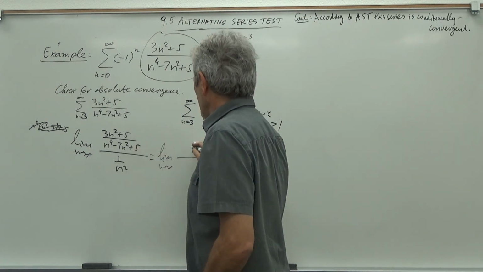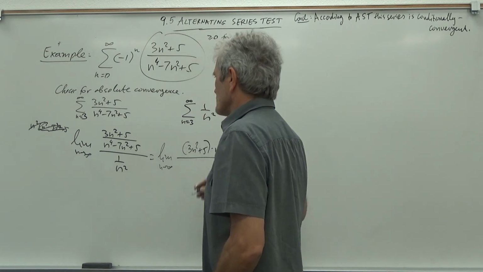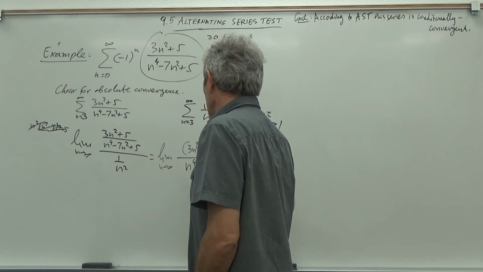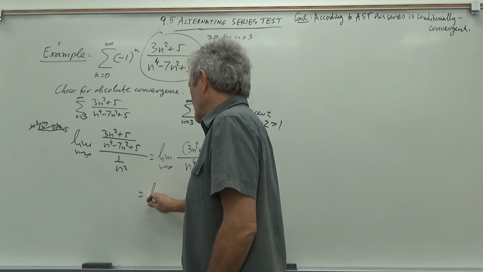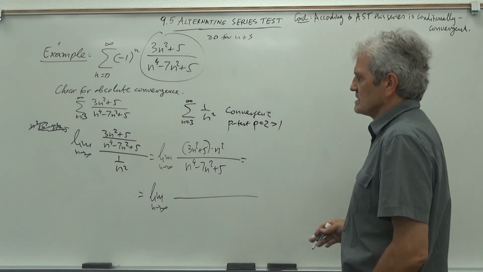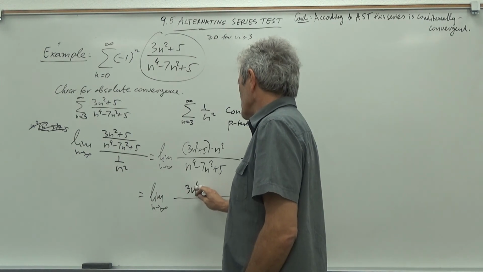So when I multiply by n squared, I'll get (3n squared plus 5) times n squared over (n to the 4th minus 7n squared plus 5). I really dislike the idea to use the L'Hopital rule here because it's so basic that there's no need. So I'll get what?